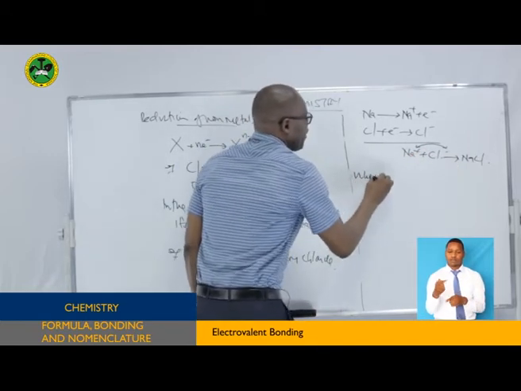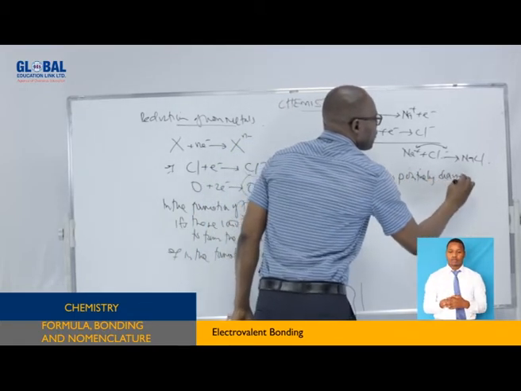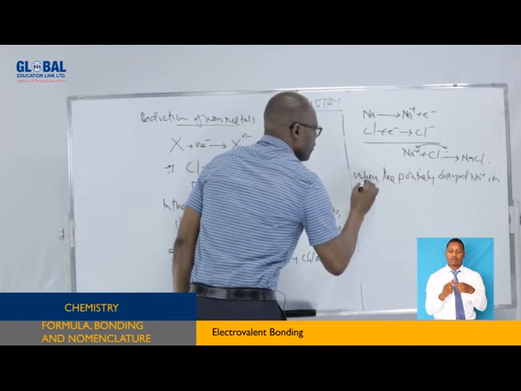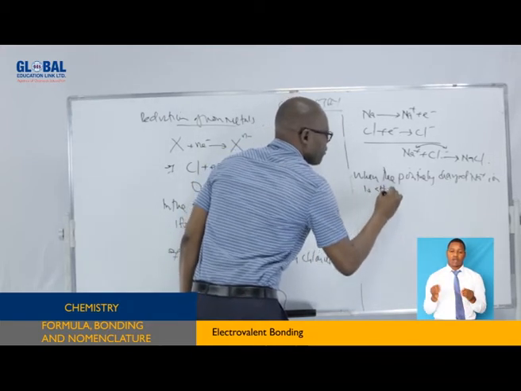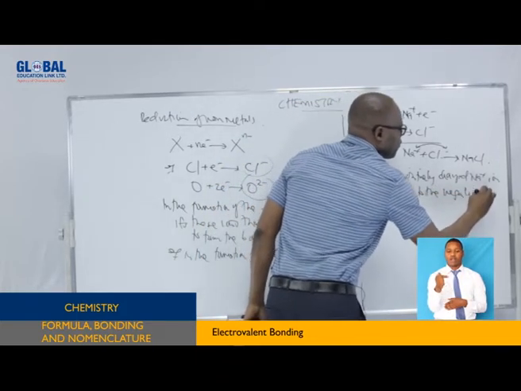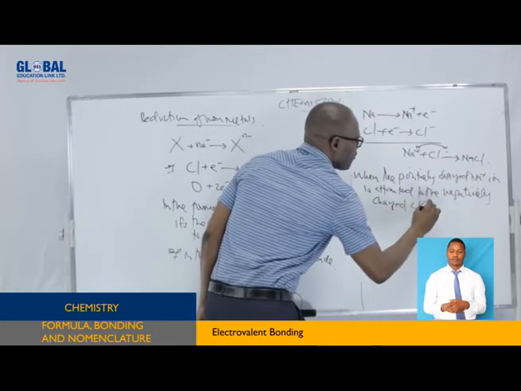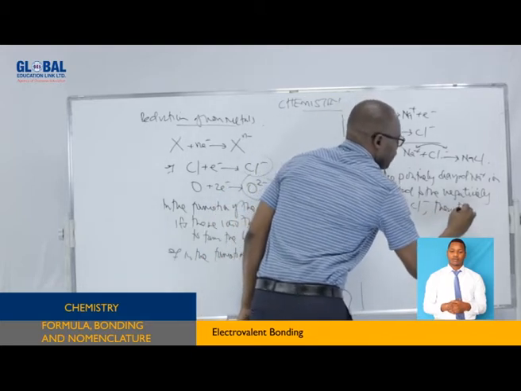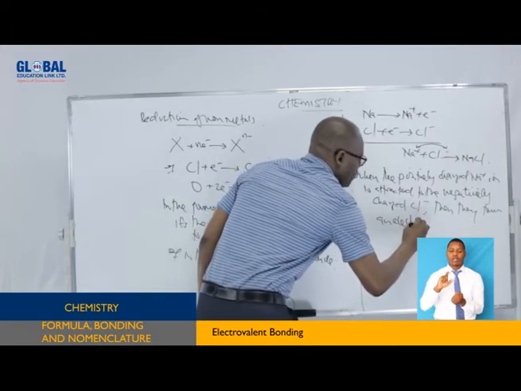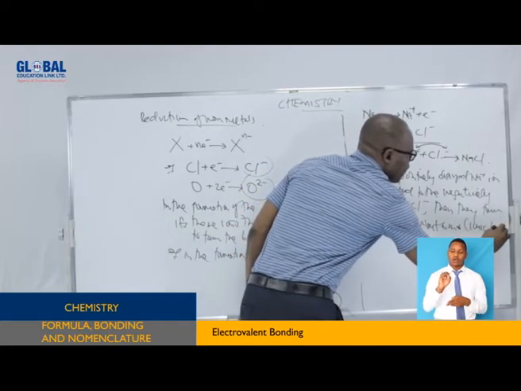So we say when the positively charged sodium ion is attracted to the negatively charged chloride ion, then they form an electrovalent bond or ionic bond.